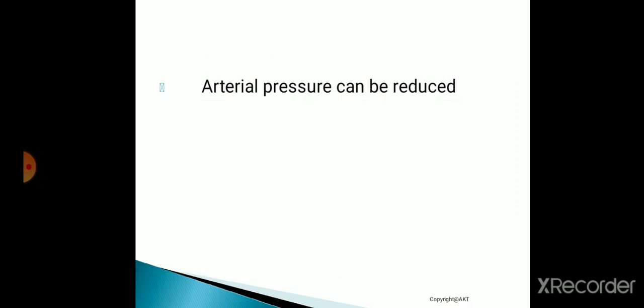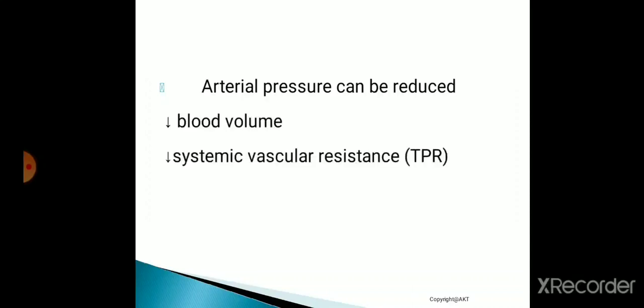So how can we reduce the arterial blood pressure? One thing we can do is reduce the blood volume, so that we can reduce the venous return and the cardiac output. Second, we can reduce the total peripheral resistance or systemic vascular resistance, that is, the resistance offered by the arterioles, and finally the cardiac output.